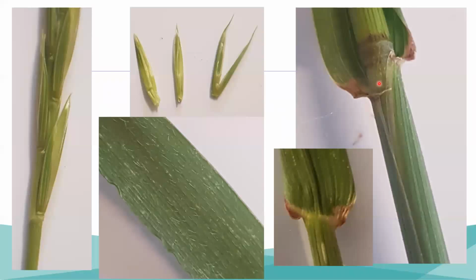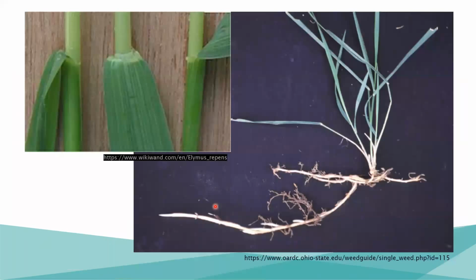We don't know why the auricles exist. They're just there. We have an open sheath. Our collar is divided, and we have some hairs on the leaves. We don't have any ligule showing up, and we do have some veins on the blade of the leaf, and there we have that thick rhizome that everyone hates when you're weeding because it just spreads and it's very tough to pull up.